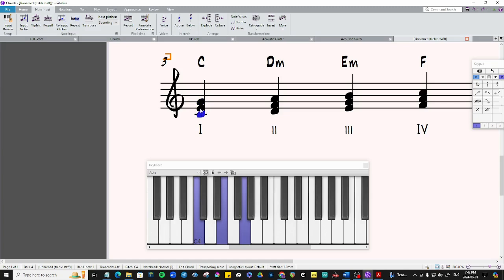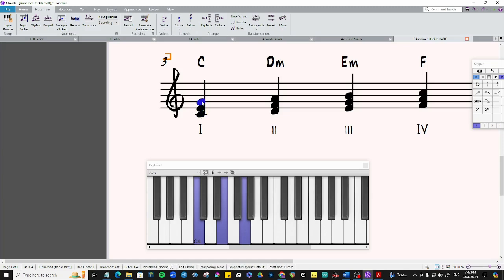And then the next note is E. If you just number these notes going up, 1, 2, 3, 4, 5, 6, 7, 8, if this is 1, this is 3, right? So it's the 1, the 3, and the 5. That's what's in this chord.